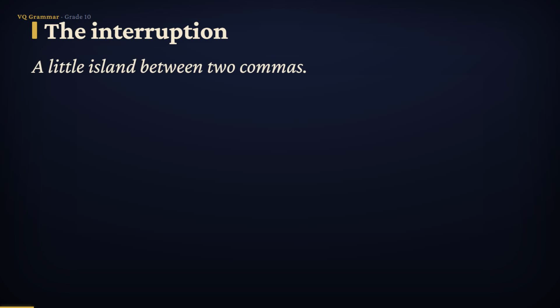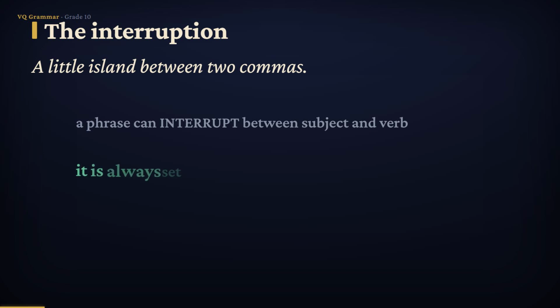Here is the situation. A phrase can interrupt between the subject and the verb. It drops right into the middle of the sentence, like a little island. And you can always spot that island because it is always set off by commas. One comma on each side, fencing it in. Now here is the part that matters.